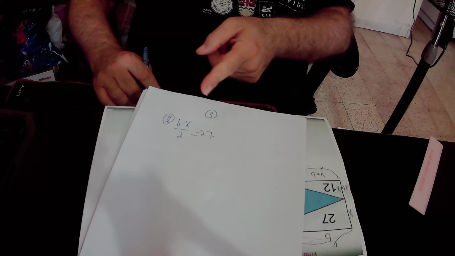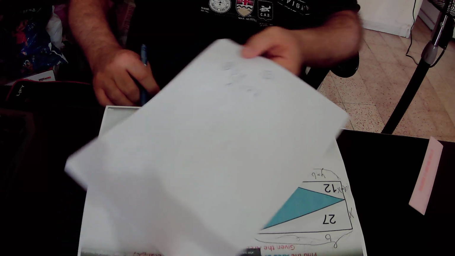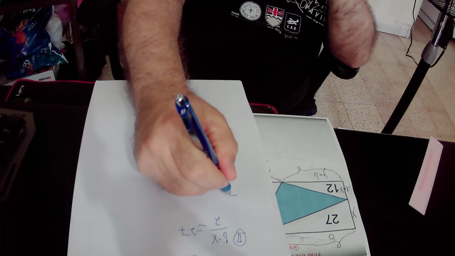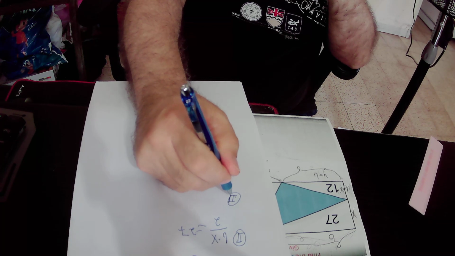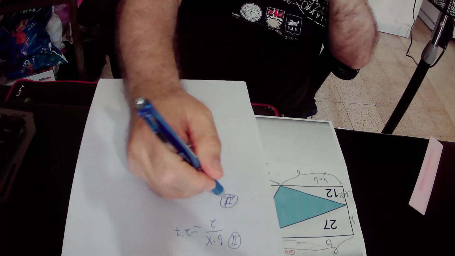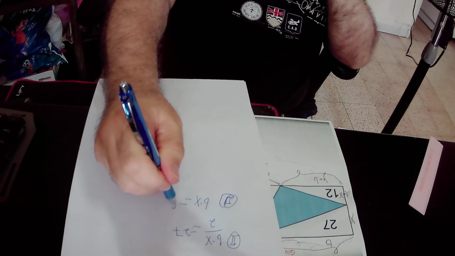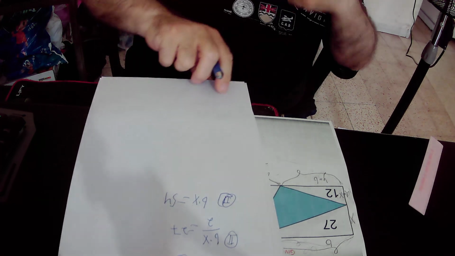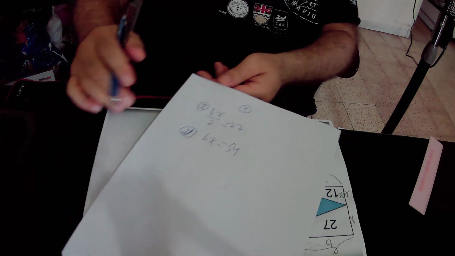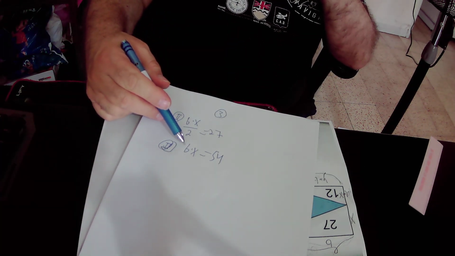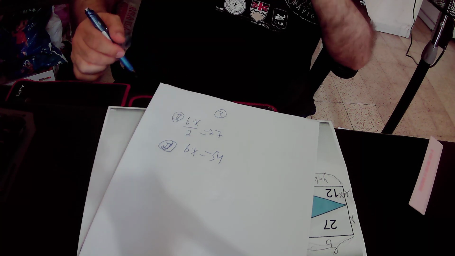We will multiply both sides of the equation by 2. We will get that b times x equals 54.